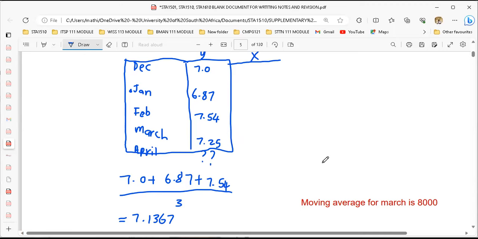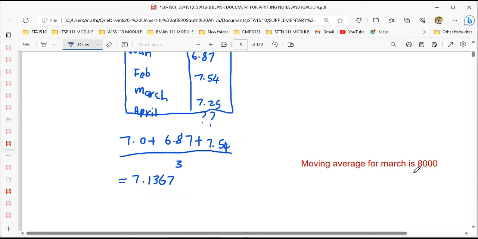I need to find it by using this method because I'm given the moving average for March, which is 8,000. So the moving average for March, which is 8,000, is equal to what? I have to make sure that March is the middle. So I'm going to start with February.